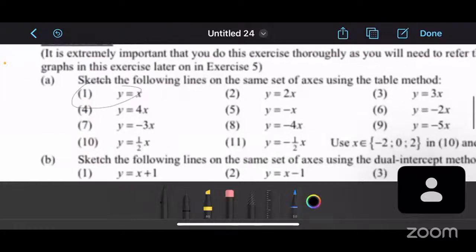Okay. Now, Langeli, how are we going to do number 2 using the table method?